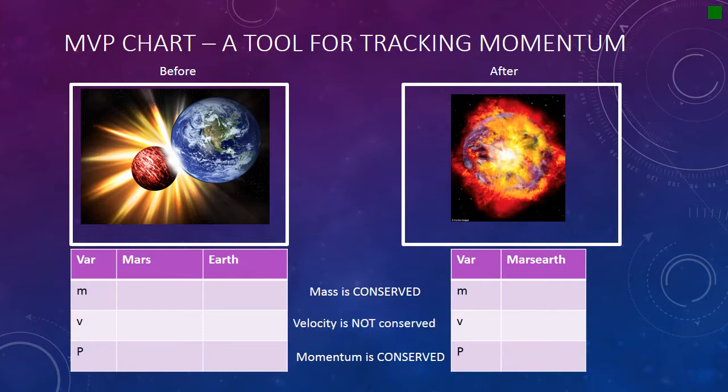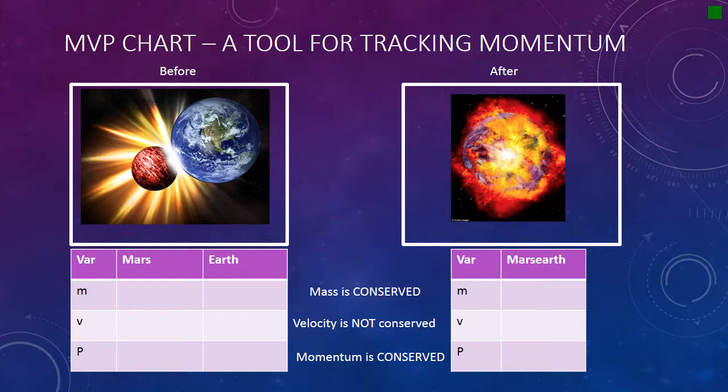But velocity is not conserved. We cannot just add together the velocities of Mars and Earth at the beginning and expect them to be the Mars-Earth velocity at the end. And there are some reasons for that. The rest of it you can kind of solve like a Sudoku puzzle, right? If you know one value and you know whether it's conserved or not, it will lead you to the equation to figure out the other values for either adding, subtracting, or dividing.